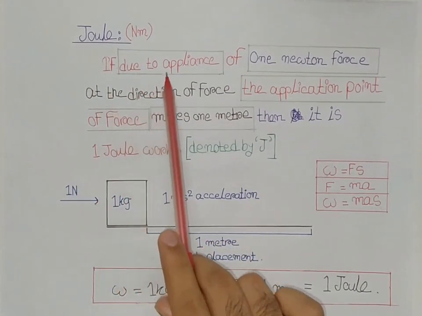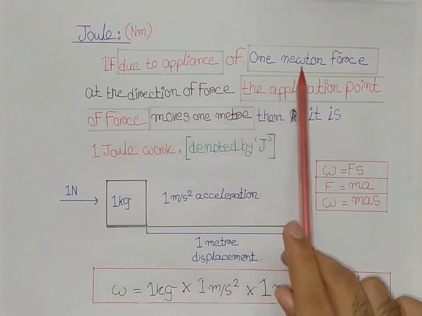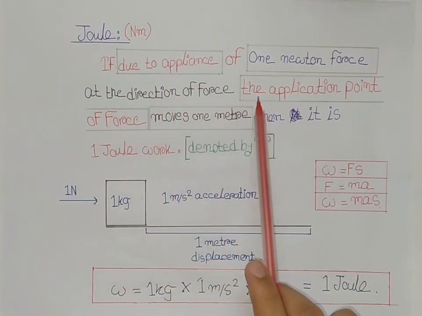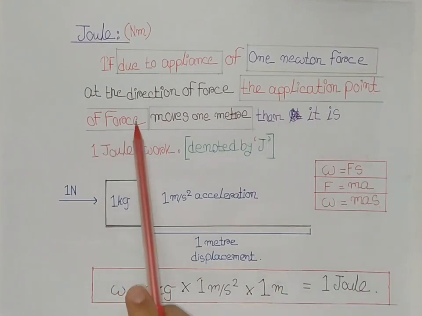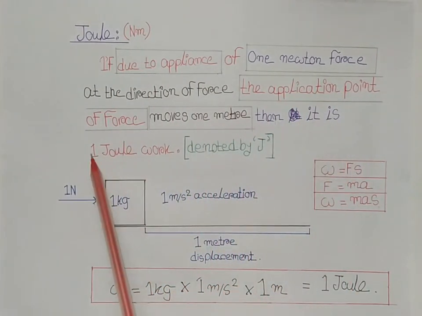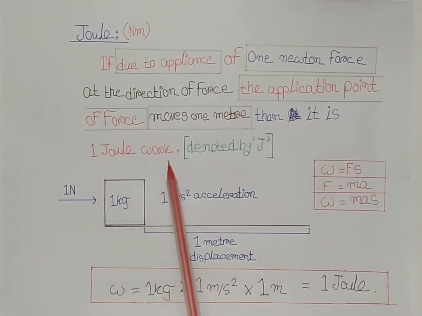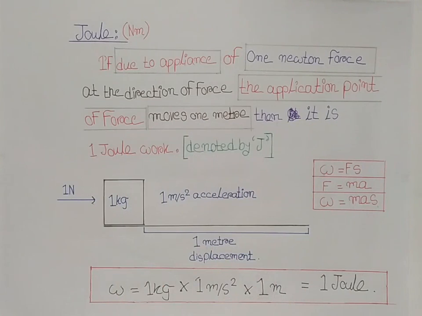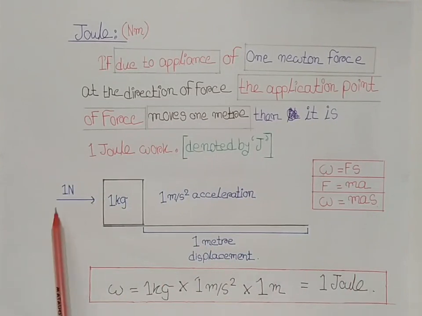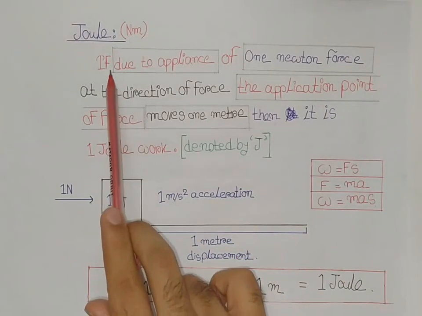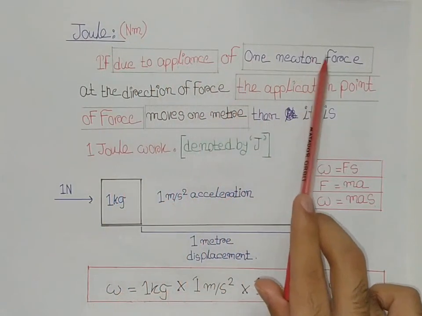If due to application of 1 Newton force, at the direction of force, the application point of force moves 1 meter, then it is called 1 joule work. It is denoted by J. Let us go for a graphical representation. Here 1 Newton force is applied on this object.